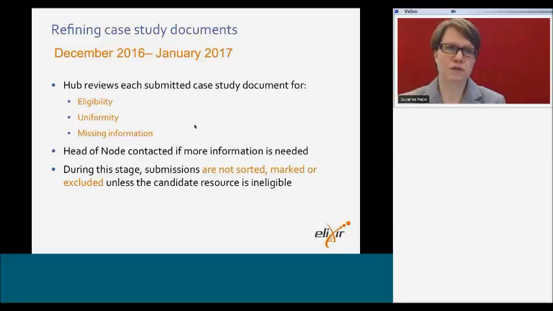The main purpose of this refining stage is to make sure that the case study documents are uniform and consistent in a way that the review is possible. We will not sort, mark or exclude any submissions at this point, unless a submission is not eligible, in which case we exclude it. This step is there just to make sure that the review will be more straightforward.